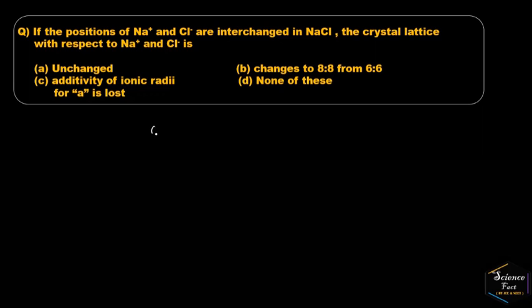In NaCl, Cl- is present in a CCP lattice, and we know that the unit cell of a CCP lattice is nothing but FCC, and all Na+ ions are present at all octahedral voids of the FCC unit cell. So on the basis of this information, we can draw a diagram.